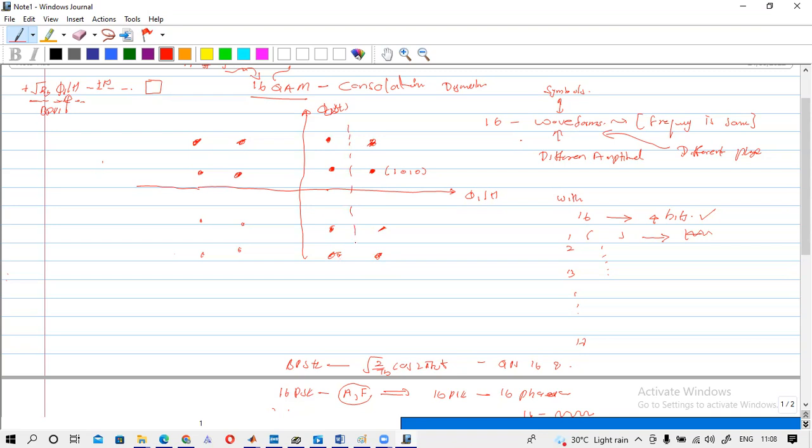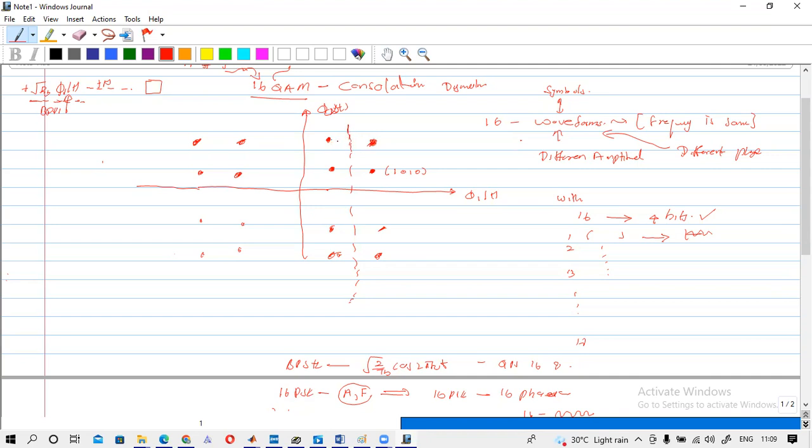So this is one decision boundary. If you want to separate this received symbol and this symbol, you can define this boundary.